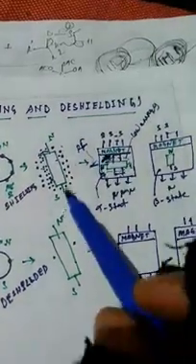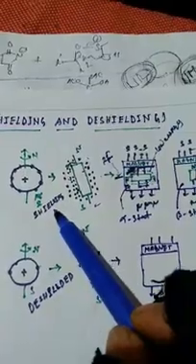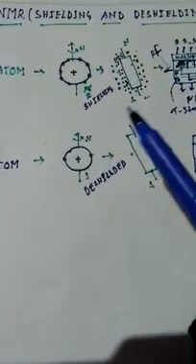and this will happen in the shielding molecule. If you consider this molecule, there are fewer electrons present.